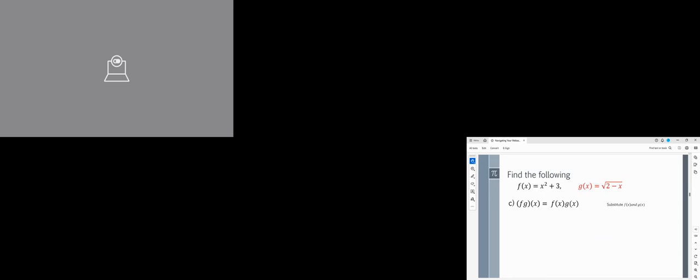Multiplication, f of x is x squared plus 3. g of x is the square root of 2 minus x. You can multiply this out, x squared times this, and 3 times this, or you can leave your answer as that. For division, we have x squared plus 3 for f of x, and g of x is the square root of 2 minus x. And we can't simplify, so that would be our answer.